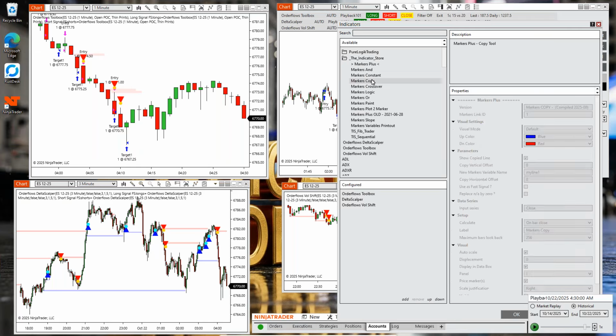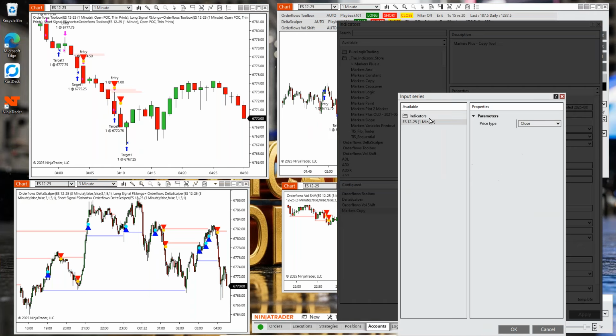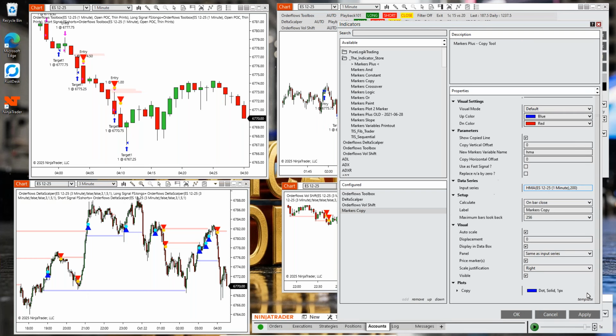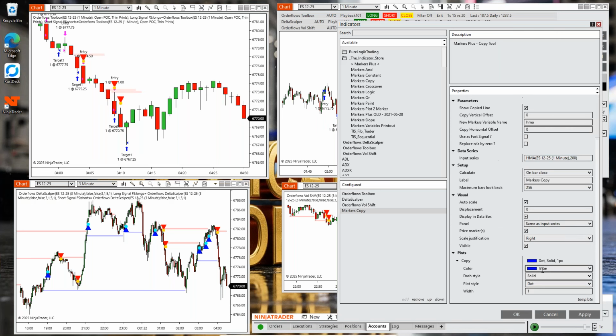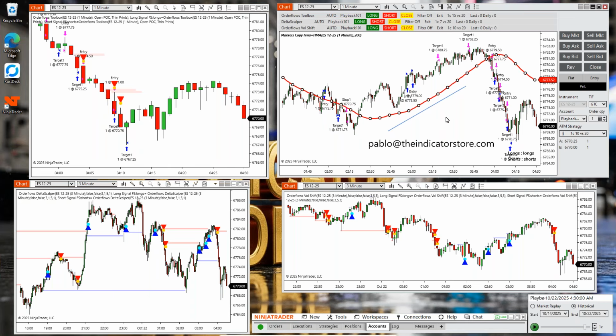So I am going to copy my HMA. My preferred HMA is an HMA 200, maybe. HMA 200, okay? And let me draw it in color red, in a thick line. Okay? So now I have this line.